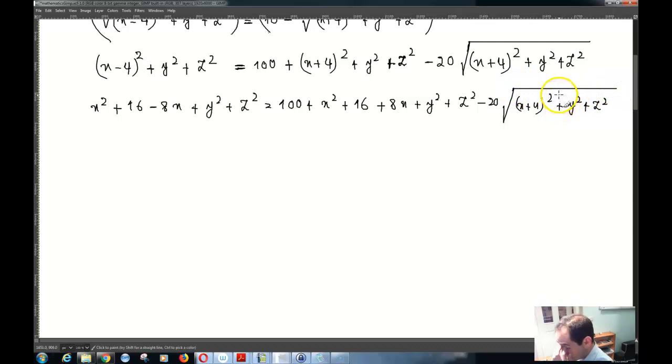And then you can cancel x squared with x squared, y squared with y squared, z squared with z squared, and 16 with 16.